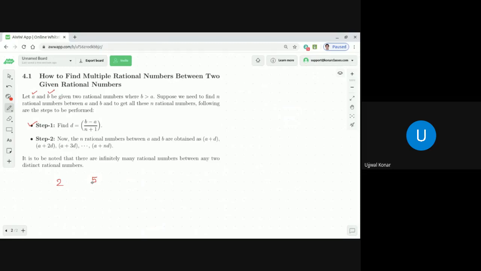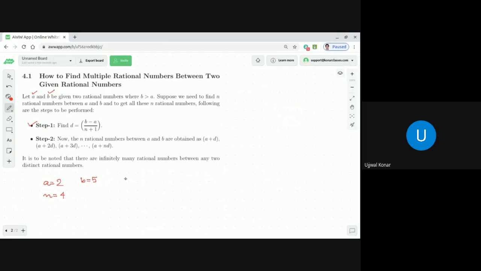So if we map this problem statement with the theory, A is equal to 2, correct or not? B is equal to 5 and n is equal to 4, correct?